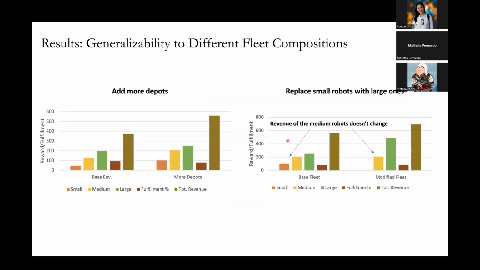And finally, we want to change the fleet composition and see how this will perform. We take this base environment on the left. So you have small vehicles, medium vehicles, large vehicles, and then the fulfillment ratio and the total revenue.